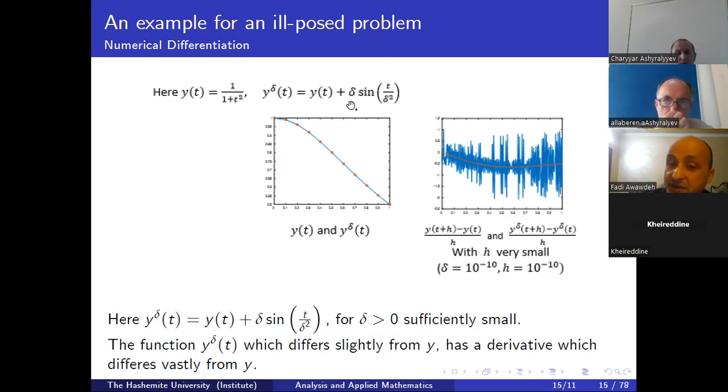So look at the error here. It is less than delta, which is less than 10 to the power minus 10, which is a very, very small change. So y delta and y differ only slightly, a small perturbation here.